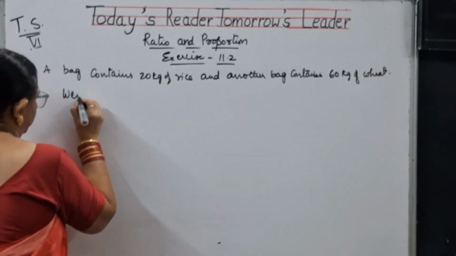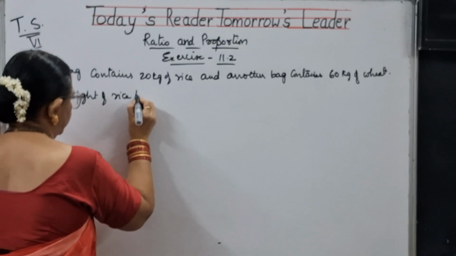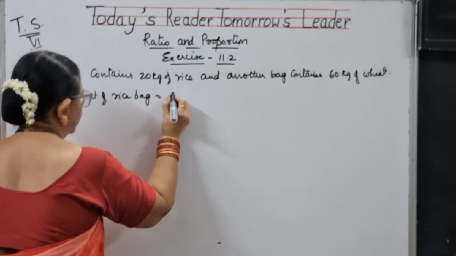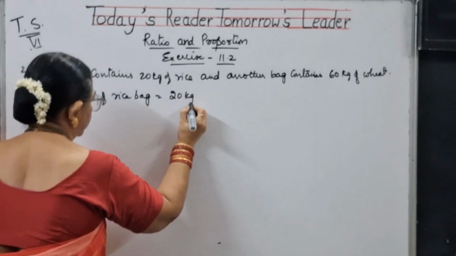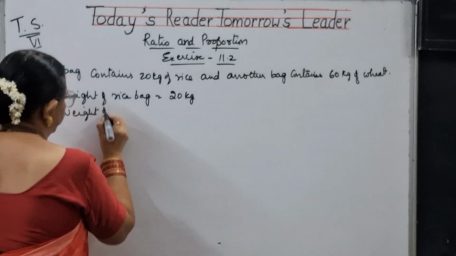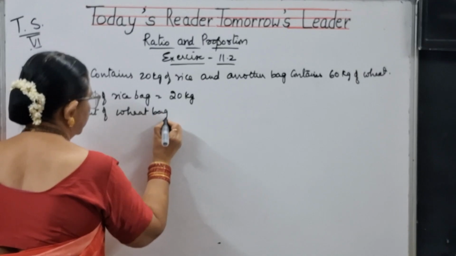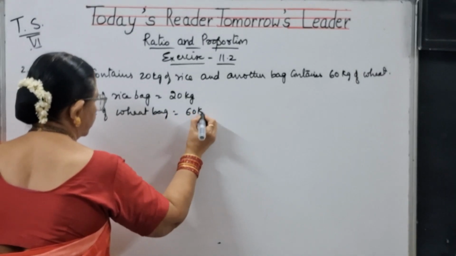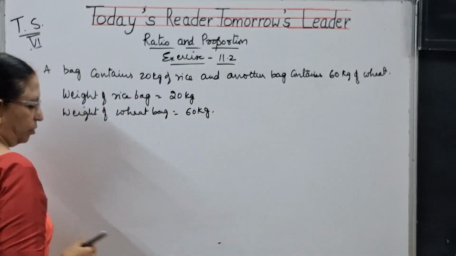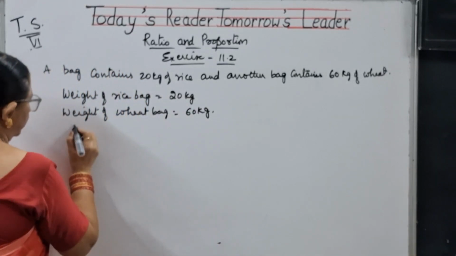So let us write first: the weight of the rice bag is 20 kgs and the weight of the wheat bag is 60 kgs. The question is to find the ratio of rice to that of wheat.